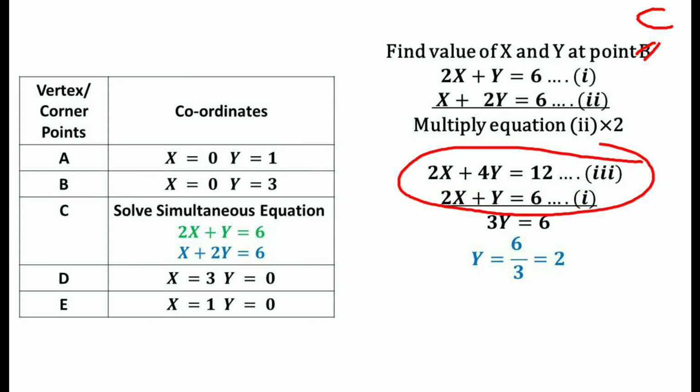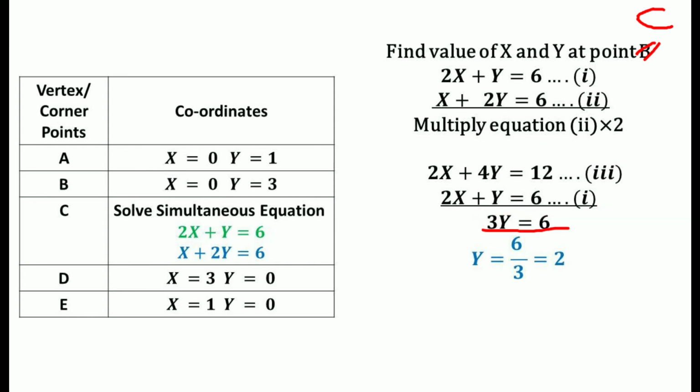And considering the first equation and third equation, if you solve these two equations, 2x minus 2x is equal to 0, 4y minus y is equal to 3y, which is equal to 12 minus 6, which is 6. So therefore 3y is equal to 6, y is equal to 6 by 3, which is equal to 2.